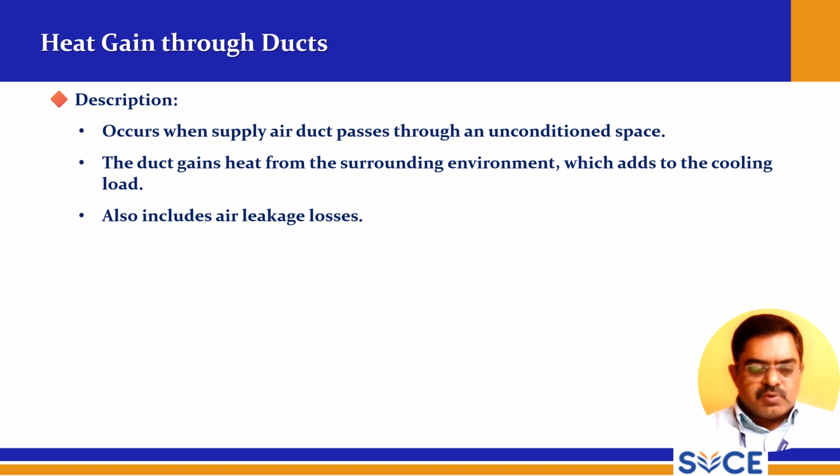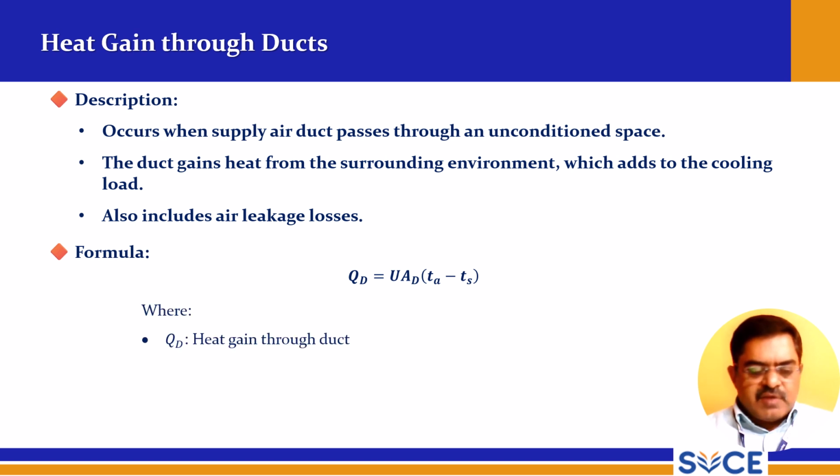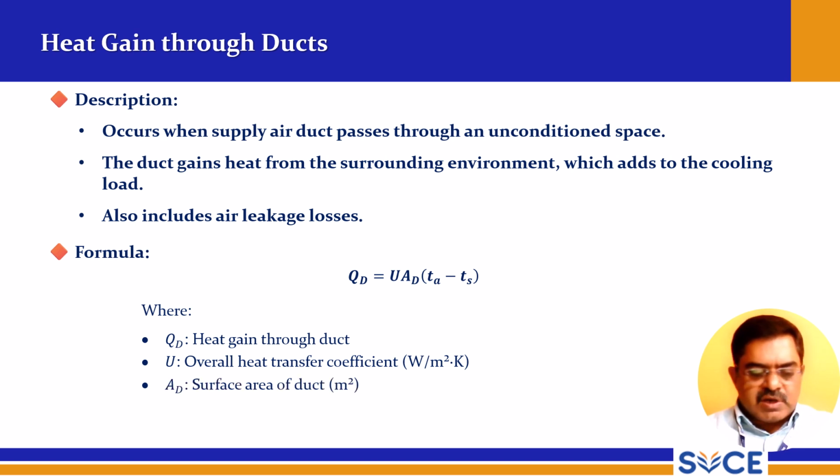This also includes air leakage losses, and the formula to calculate is QD equal to U AD into TA minus TS, where QD is heat gain through duct, U is overall heat transfer coefficient, AD is surface area of duct in meter square, TA is ambient temperature, and TS is supply air temperature in degrees Celsius.